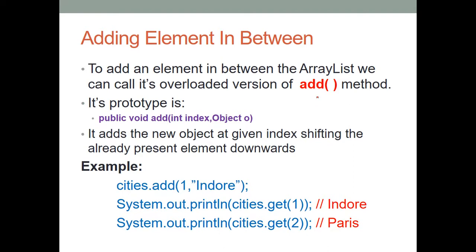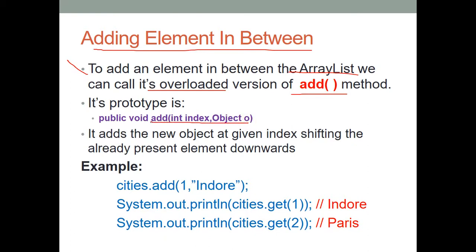Now adding elements in between. It means that if you want to add a group of elements in between, from some starting index to some last index, you can go through this. What is this? To add an element in between, the ArrayList can call the overloaded version of the add method. I already discussed the add method, which can add an object to the ArrayList, but today's prototype is different.